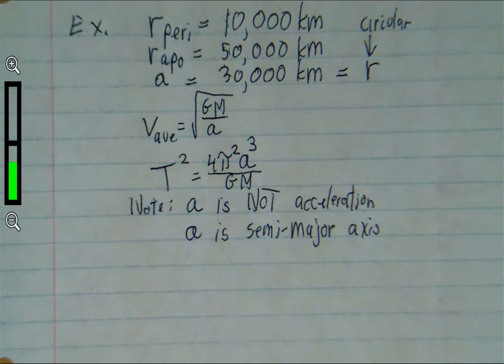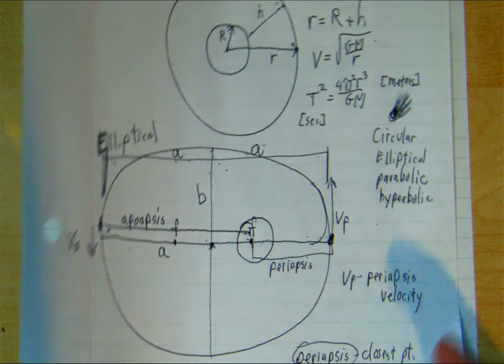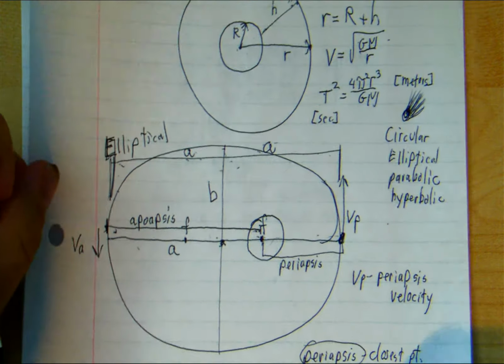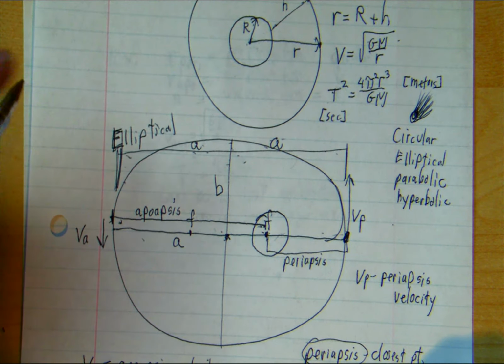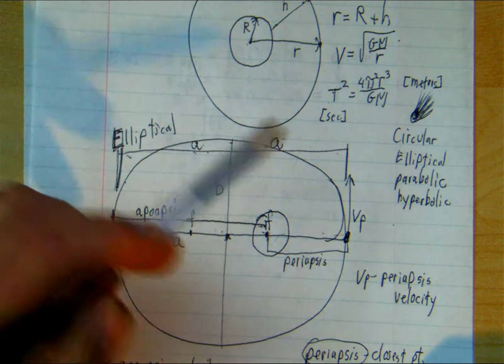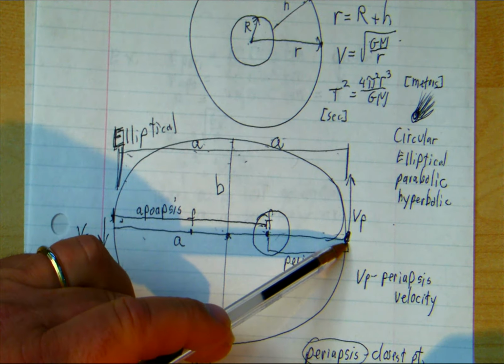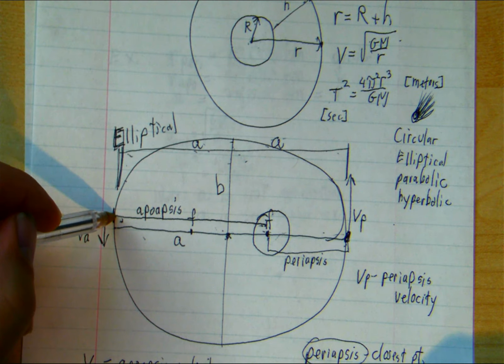So that's how you find the average speed of an object in an elliptical orbit. But wait, there's more. We need to be able to calculate the speed at perigee or periapsis, the speed at apoapsis.